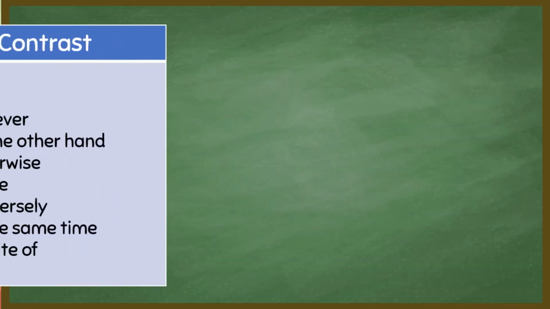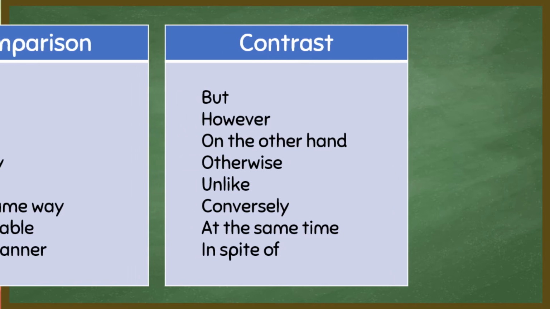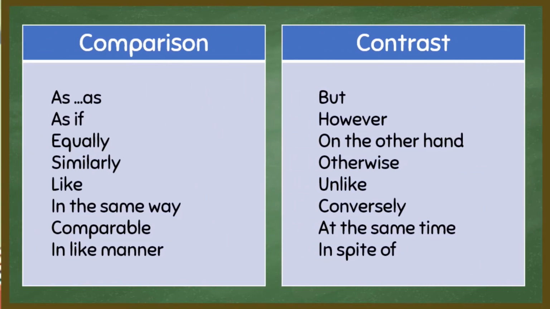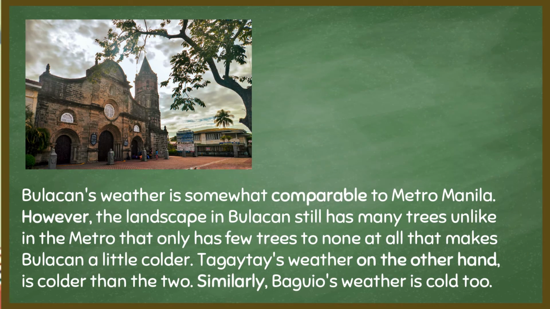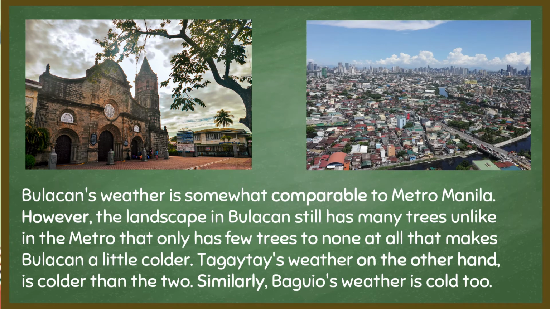And here's the list of transitional signals for comparison and contrast. Here's our example sentence. Bulacan's weather is somewhat comparable to Metro Manila. However, the landscape in Bulacan still has many trees, unlike in the Metro that only has a few trees to none at all.